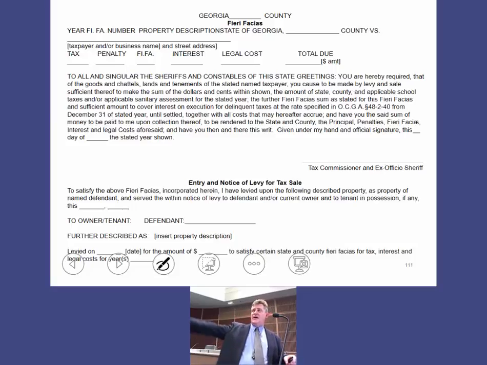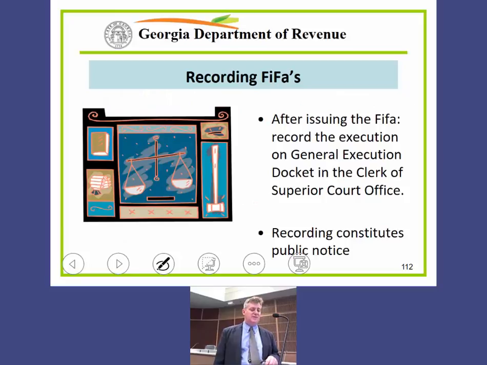So once this FIFA is issued, it needs to be recorded at the Clerk of Superior Court's office. And the recording constitutes public notice of the FIFA or tax liability.